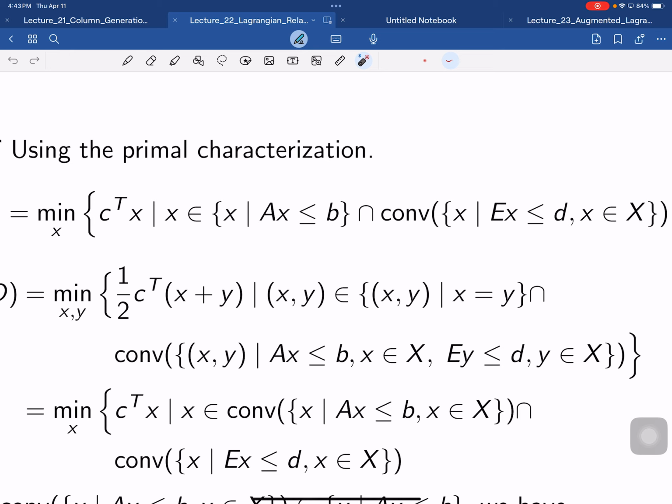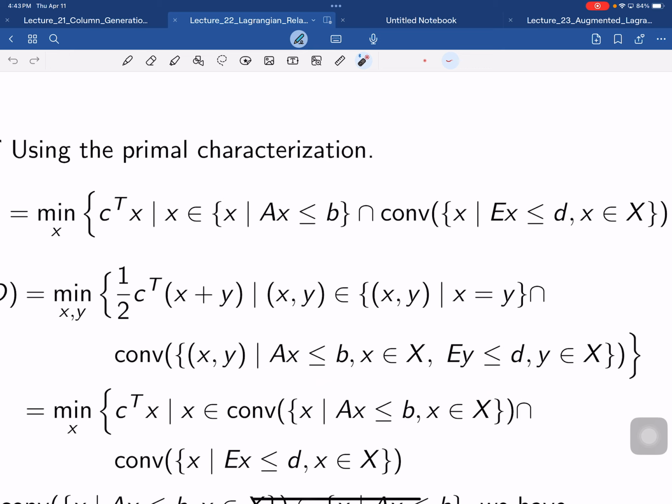Now let's simplify this a little bit. Well, what is x equals to y intersected with the convex hull of this set? Okay. So first of all, you can realize that the x and y variables don't depend on each other in this set, right? Because once you dualize x equal to y, the two sets of constraints are separable already.